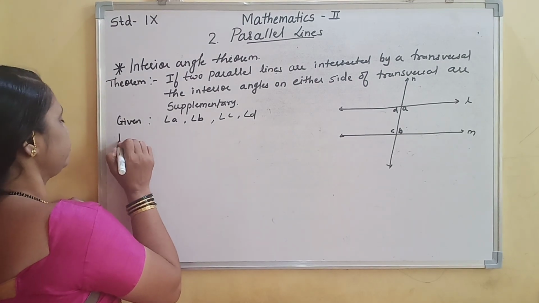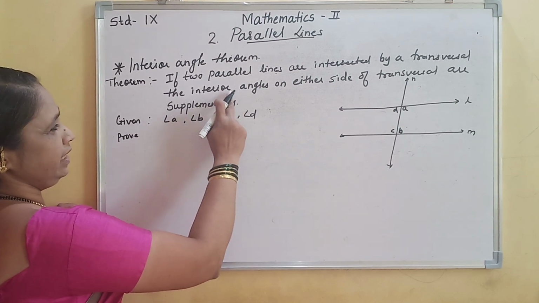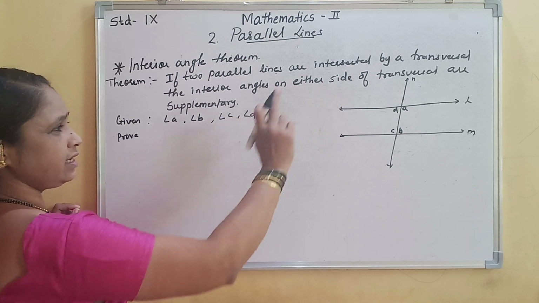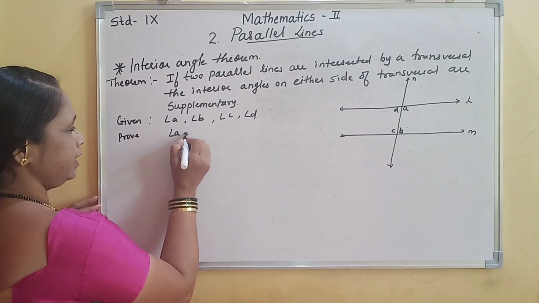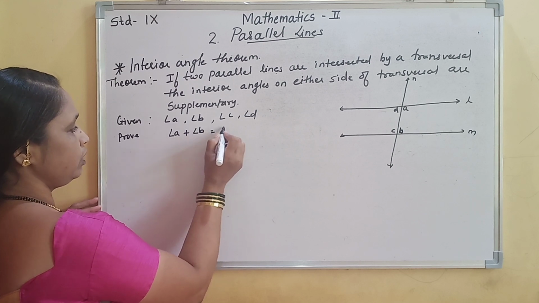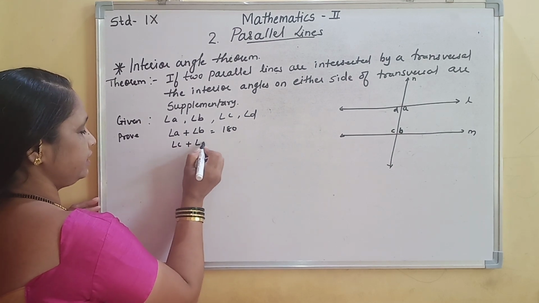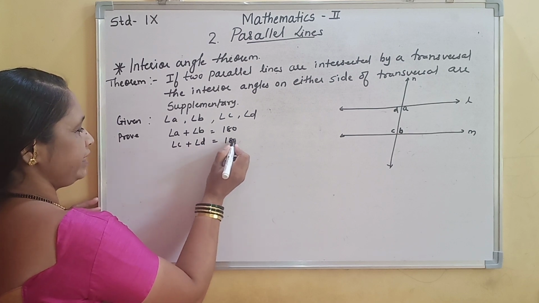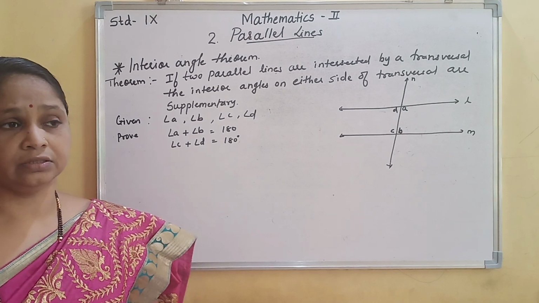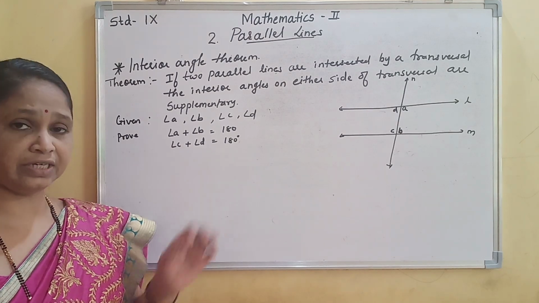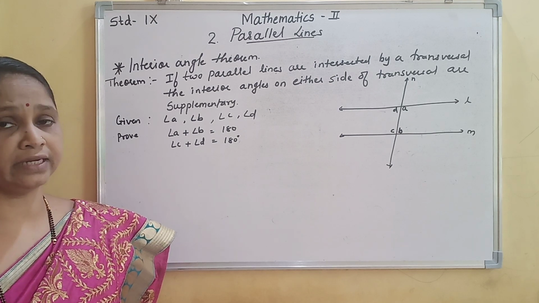Now what do we have to prove? That interior angles on either side of a transversal are supplementary. Meaning angle A plus angle B is equal to 180 degrees and angle C plus angle D is equal to 180 degrees. This we have to prove. Now, when we have to prove such kinds of statements, we do it by the indirect method.